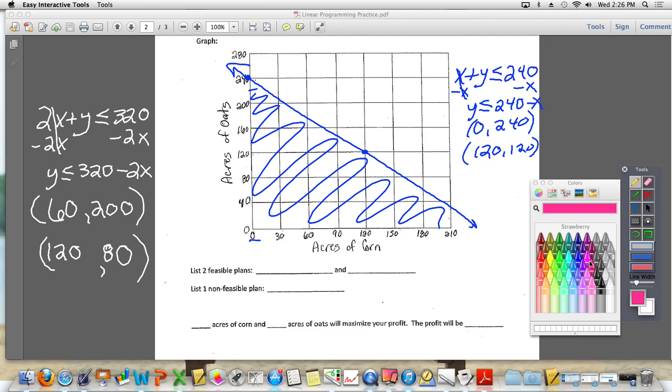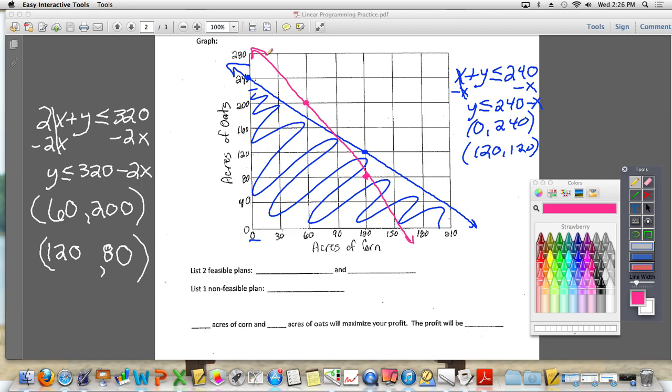So I'm gonna plot those points. 60 and 200 is way up here. And 120, 80, I go over to 120, I go up to 80. Put a point. Connect them with a solid line. Hopefully you do a better job than I just did. You have to shade underneath that line.